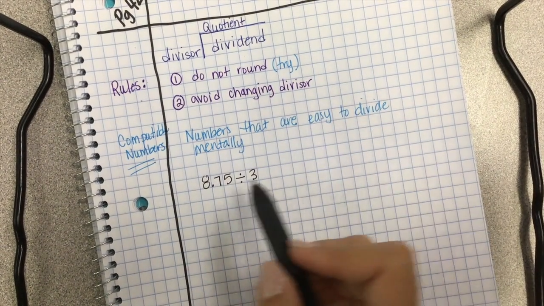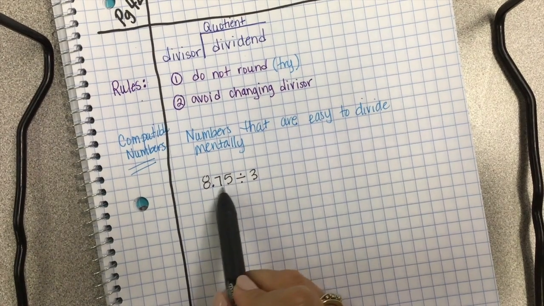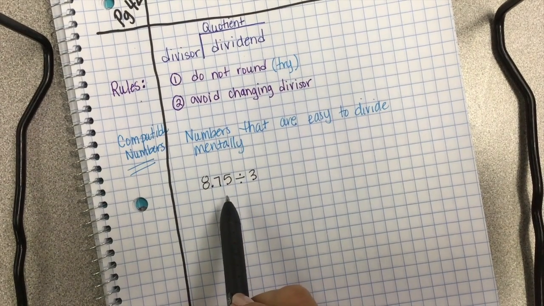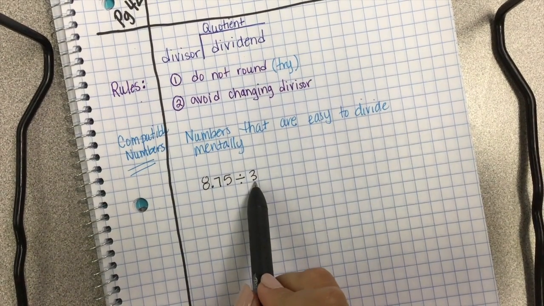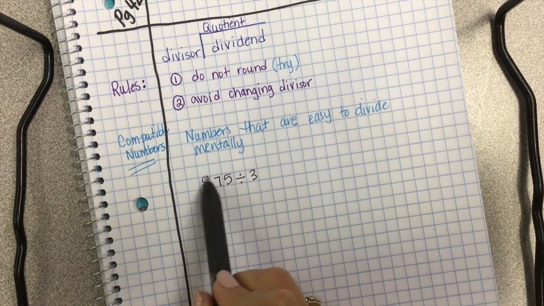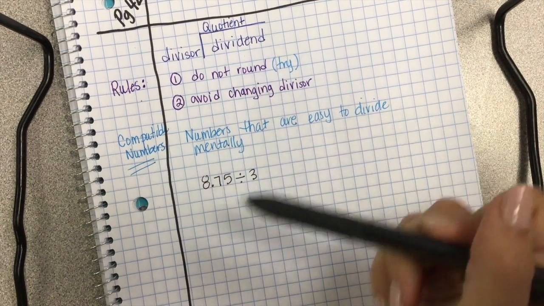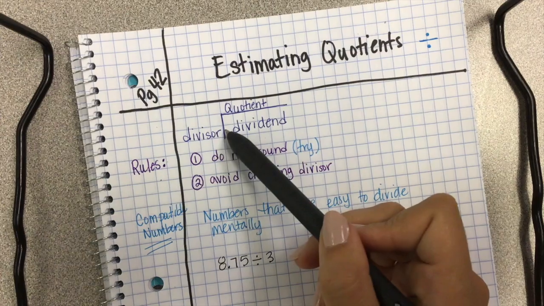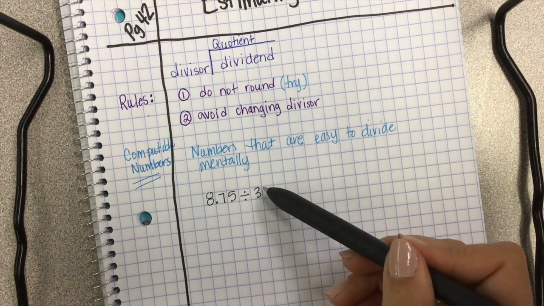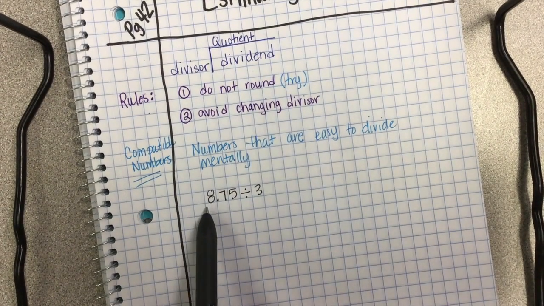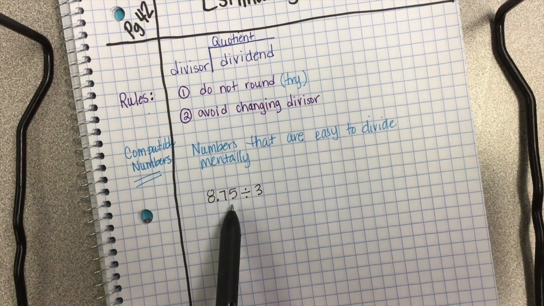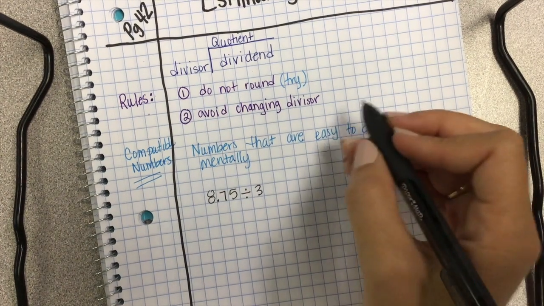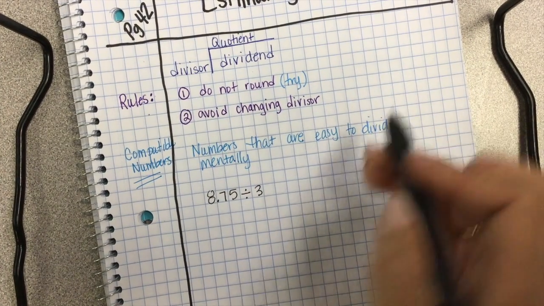Well, I could maybe round this decimal, but honestly, what I want to do is find a number that 3 can easily go into. Remember, because I want to try not to change my divisor. I want to keep the 3, which means I need to change 8 and 75/100 to a number that's easy to divide 3 into.